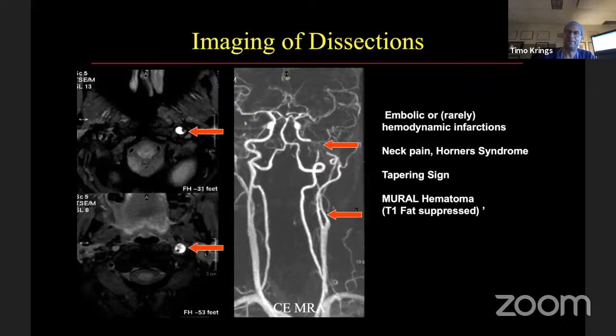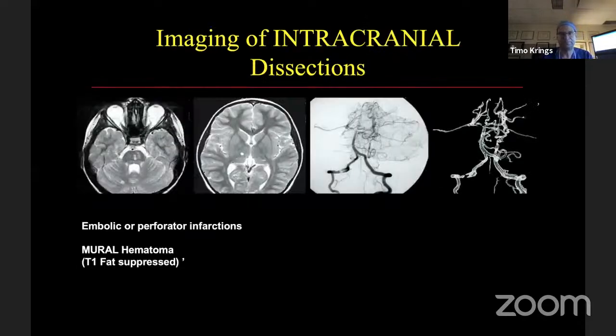And here another example where the blood vessel just fades out and you have the complete occlusion at the typical location for dissection, i.e. where the mobile segment of the ICA enters into the immobile segment within the petrous portion. This is where you have the highest shearing stress in rotational and hyperextension type injury. And this is where you will see your mural hematoma. This is how you can make the diagnosis of a dissection.